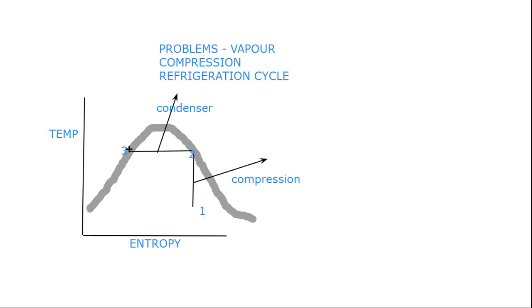Expansion. So 3 to 4 is something like this. It is isenthalpic expansion, so it will be like this. Then that is point number 4. Here I will write expansion.